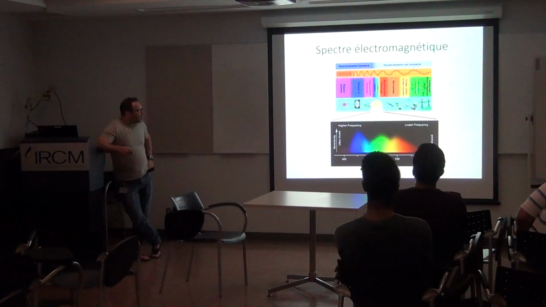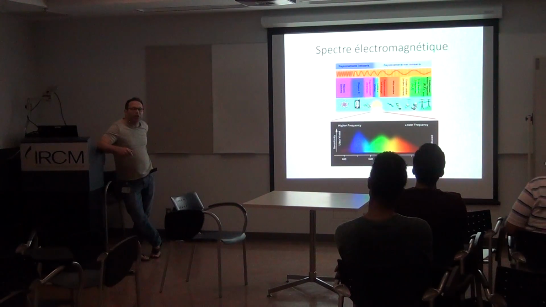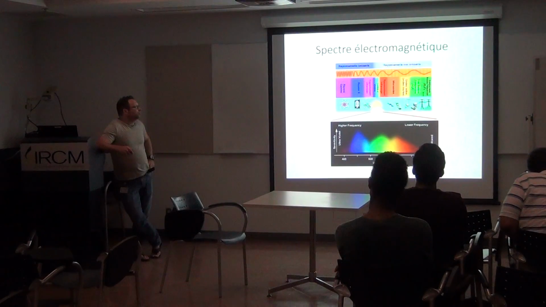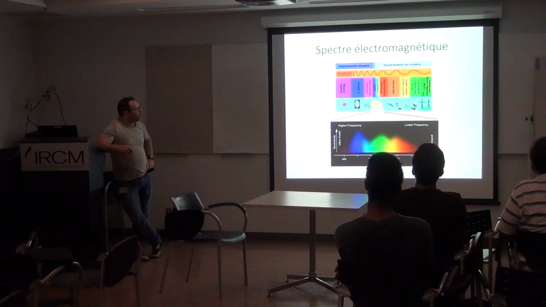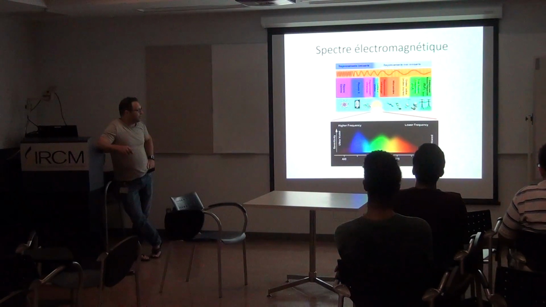We don't see it. And there's the microwave, and even all the wavelengths that are used for communication. It's really in a long range, so we don't see it. So we only see a small portion of it.